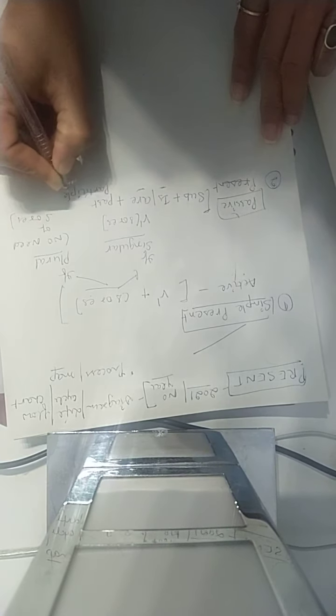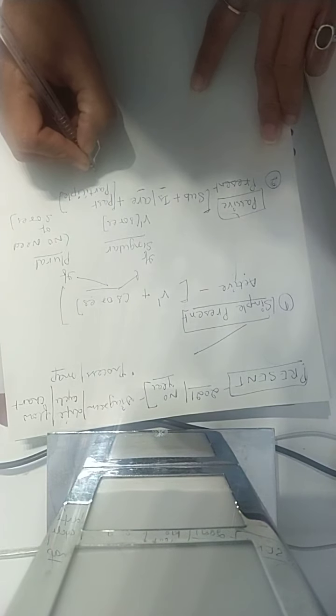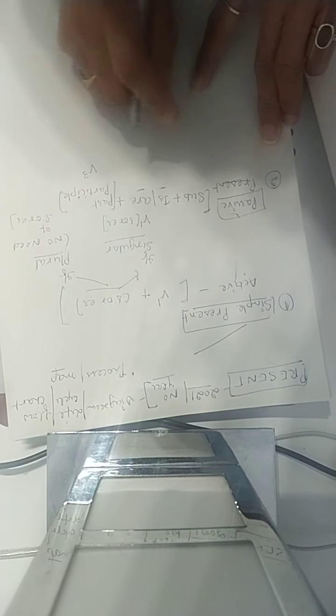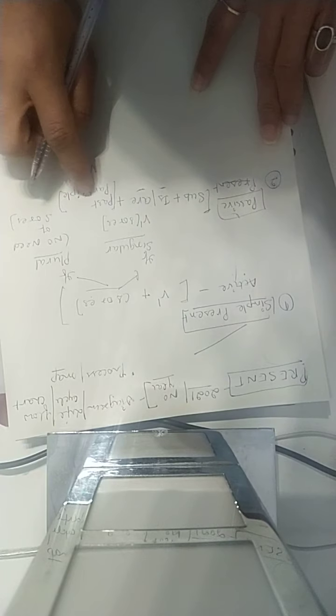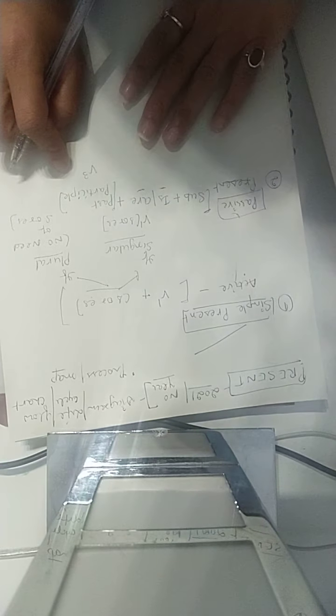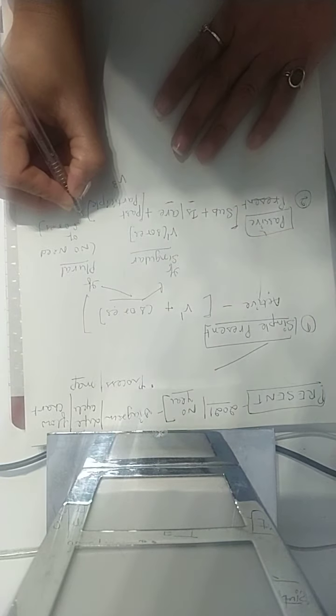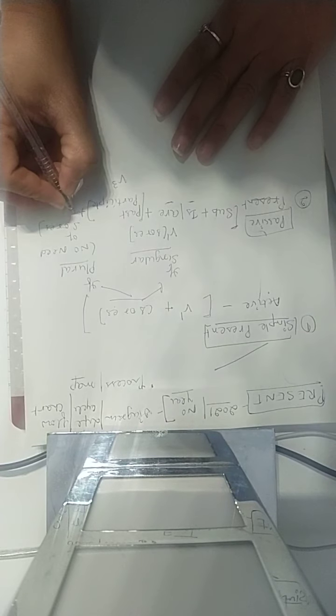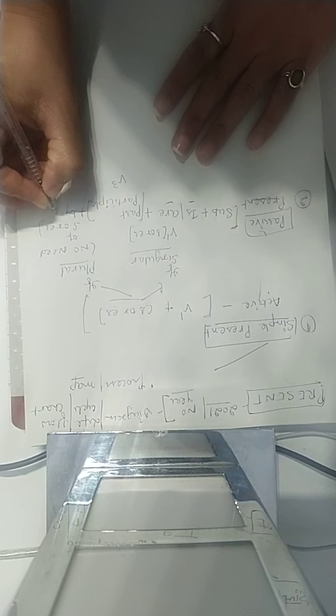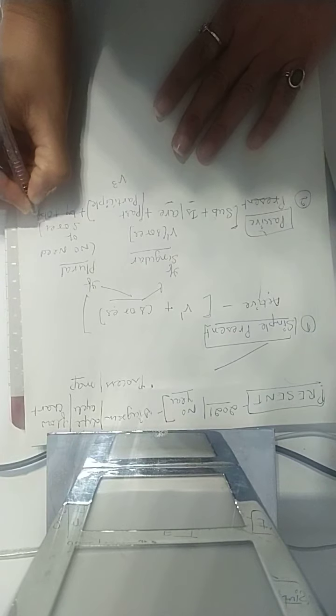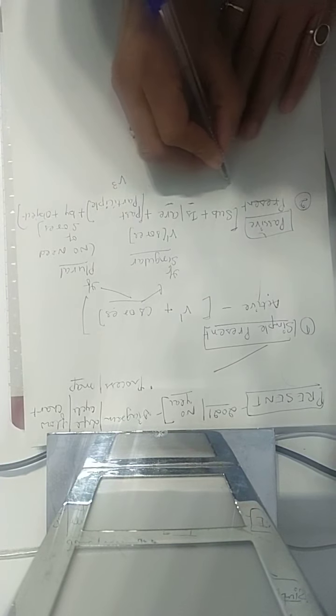Past participle means you need to apply the third form of your verb. Then you need to apply by and the object. So this is the format you need to use when you make the passive.